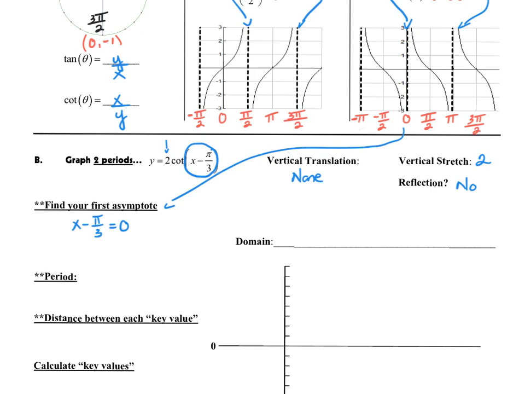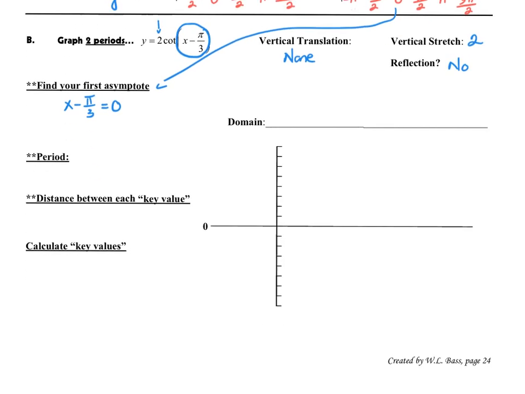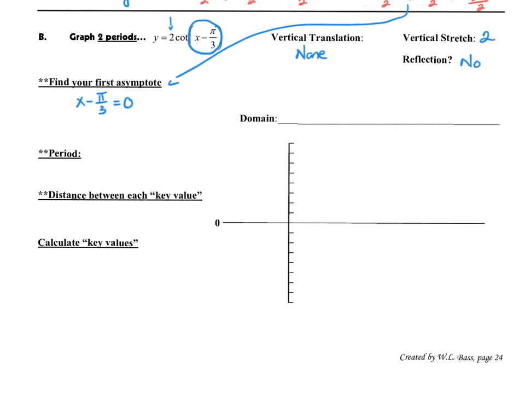How did that get shifted? Now, this one's going to be pretty straightforward and pretty easy because there's not going to be a period change. There's only a phase shift, but we're going to go through this exercise of setting it equal to 0 just to see how it works. So solving this for the x, we're going to move that pi over 3, and sure enough, we're going to put our first asymptote at pi over 3.